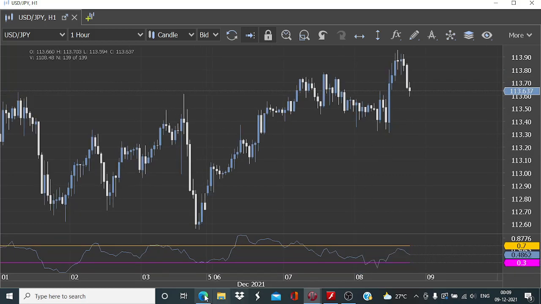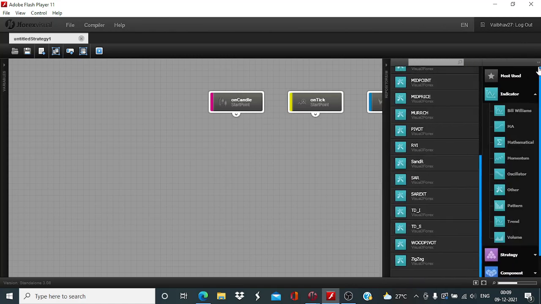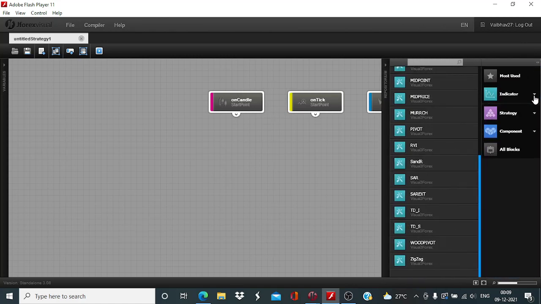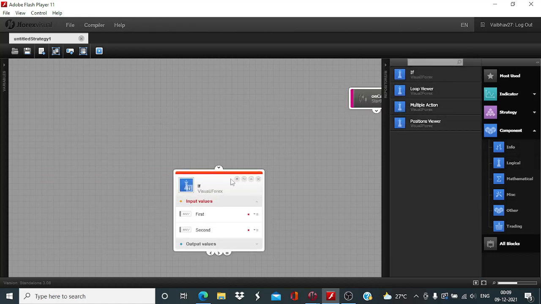So now let us head to the Visual JForex board, which has been developed by the Dukascopy Bank SA. First thing first, we have to get the instrument subscription done. For that, I will need the logical components. So I get three if blocks in place.